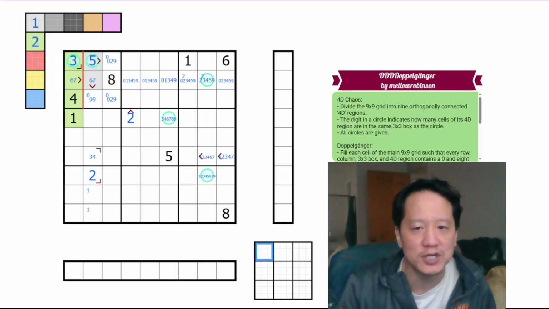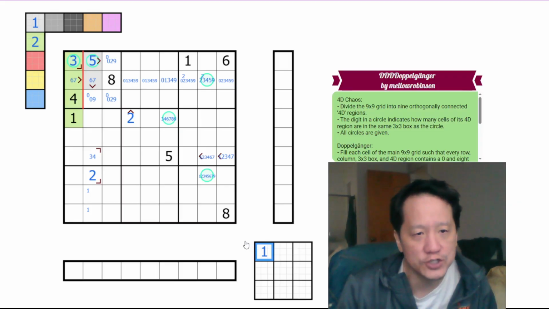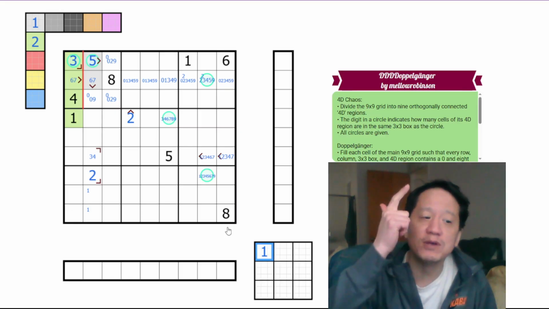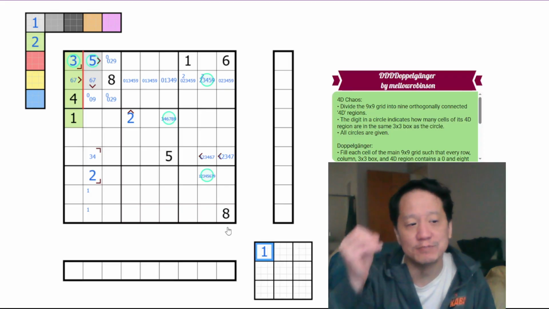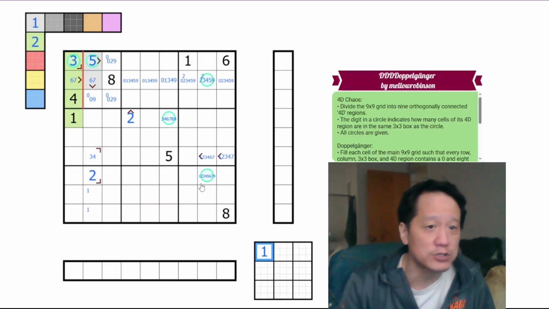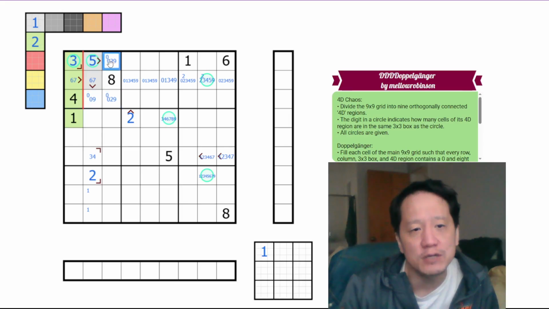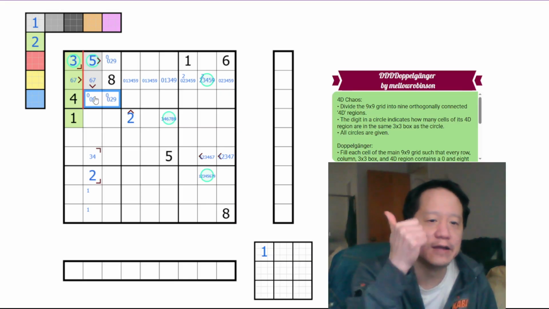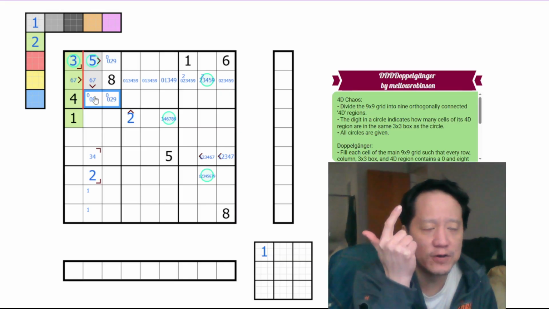Which means we're missing 1 in that box. That 0 in the box is missing that 1. So it cannot also be missing a 1 in the light region. So the 0 here has to be from a different region.